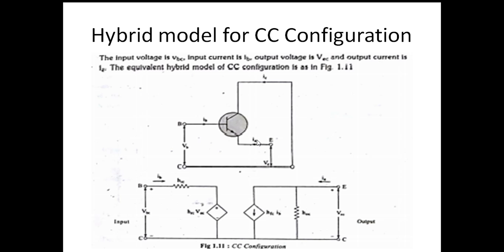Remaining all are the same. Now, in order to draw the hybrid model for common collector, first we need to take the terminals. Here this is the collector terminal, which is the common ground terminal, whereas the input terminal is base and the output terminal is emitter.